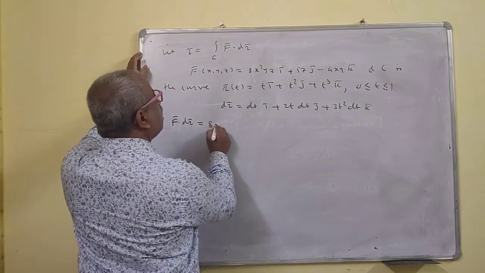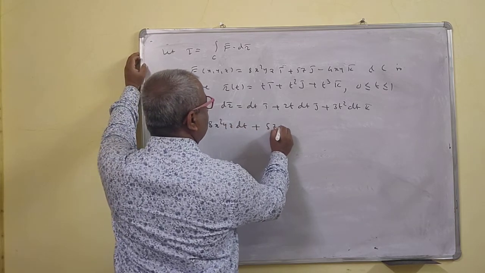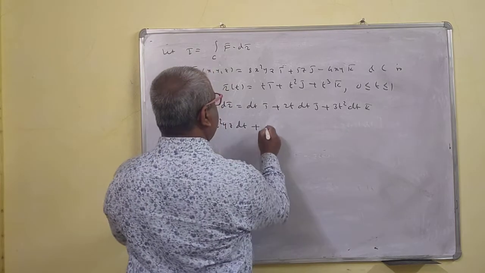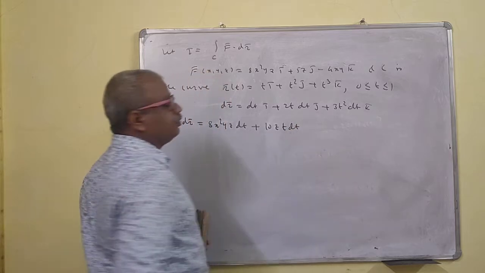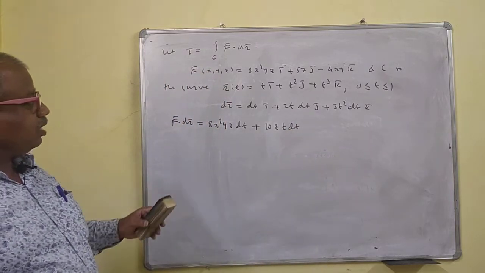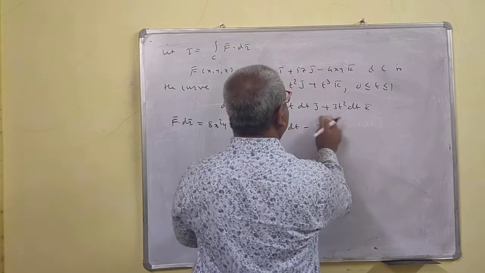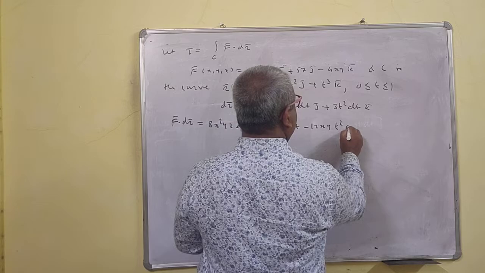So this is x square yz dt plus 5z, actually 10zt dt. Okay, so we are taking the dot product. Minus 4xy, or minus 4 with 3, so 12xy t square dt.